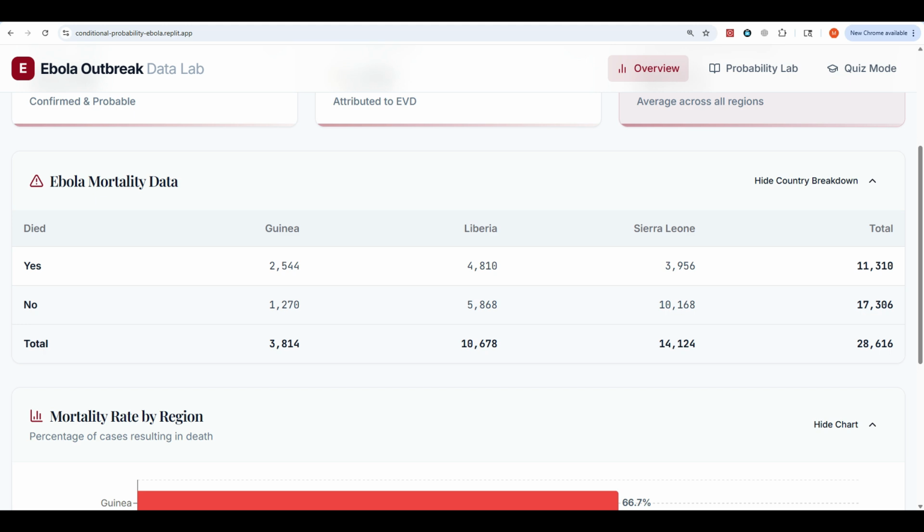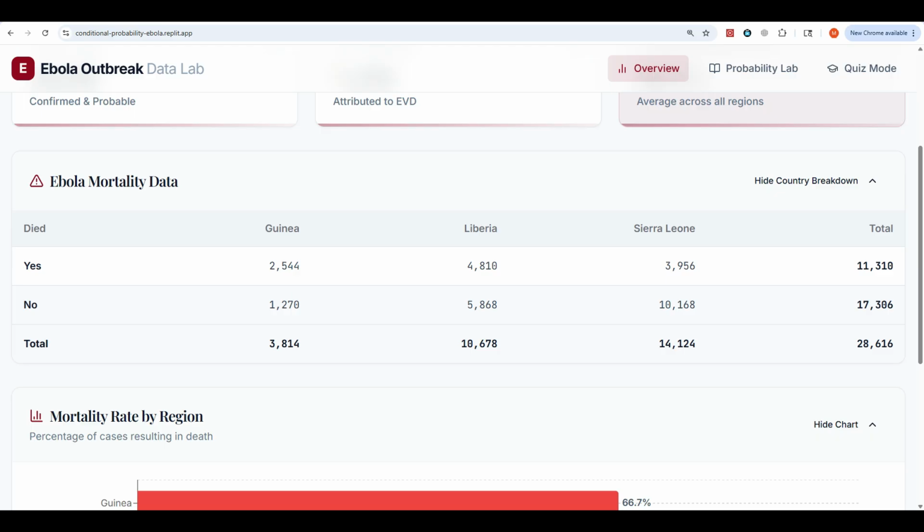Now, I usually like to ask students, just thinking about this and looking at this table, if I asked you to calculate the probability that an Ebola case died if they were in Guinea, and let them think about that for just a moment, I'll ask the class to respond to that.